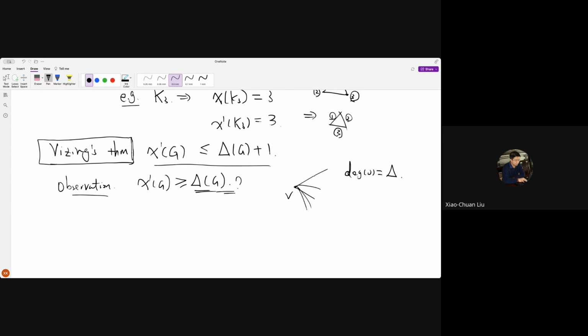You see, already you have to use Δ colors. Locally, for this vertex, all these edges share this same vertex, so the degree of v is Δ. Then to satisfy the definition, we already have to use Δ colors.